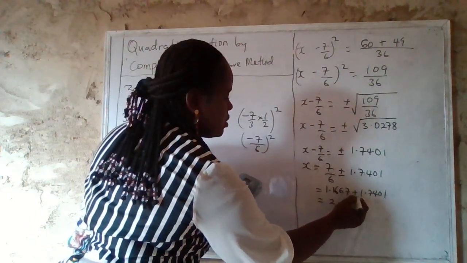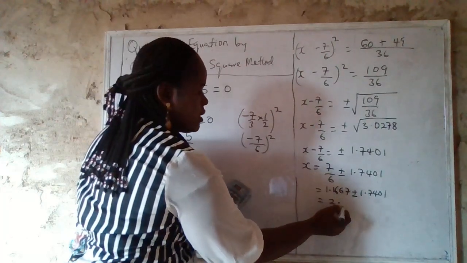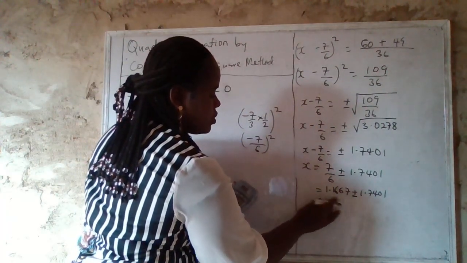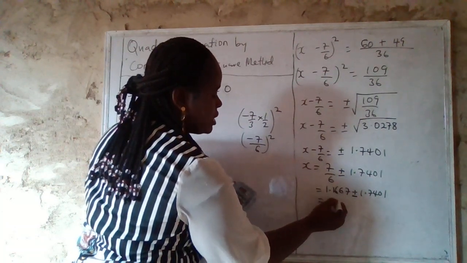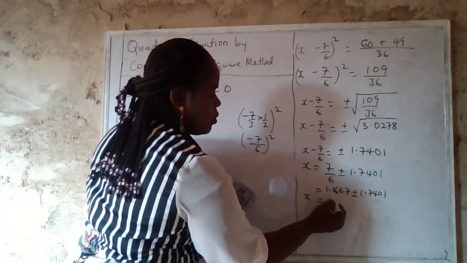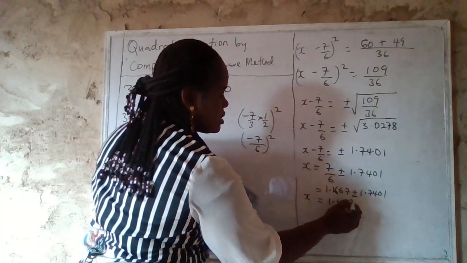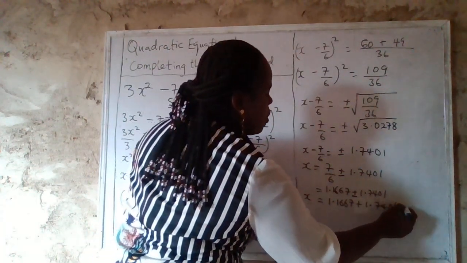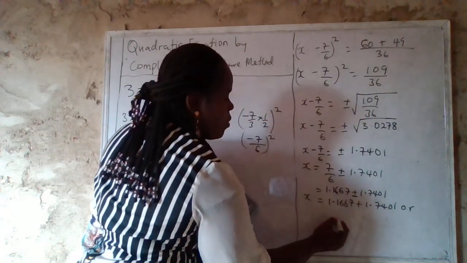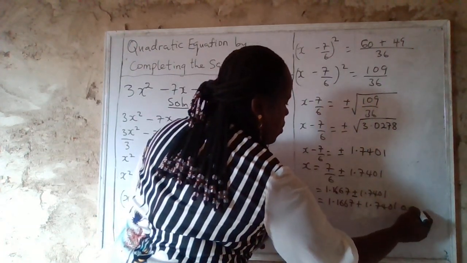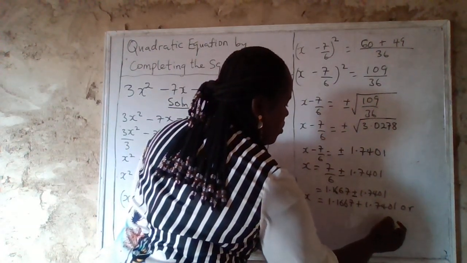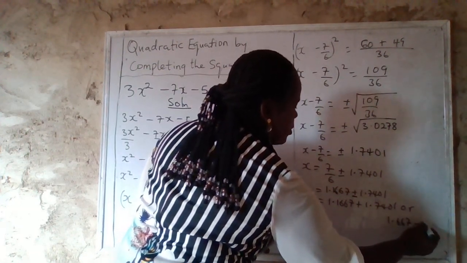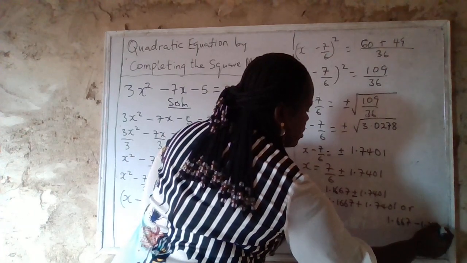No, sorry, this is plus or minus. So x becomes either 1.1667 plus 1.7401, or 1.1667 minus 1.7401.